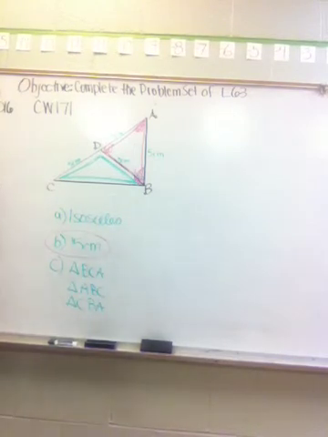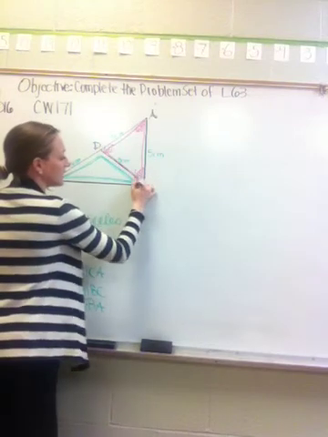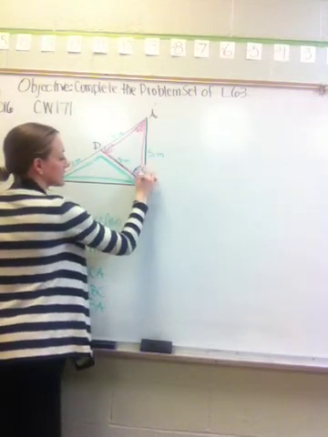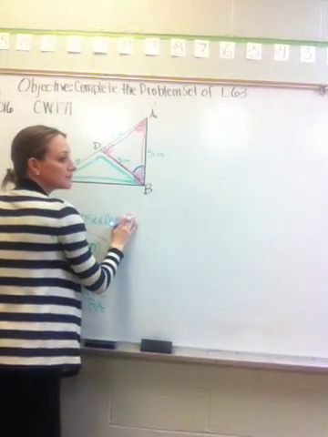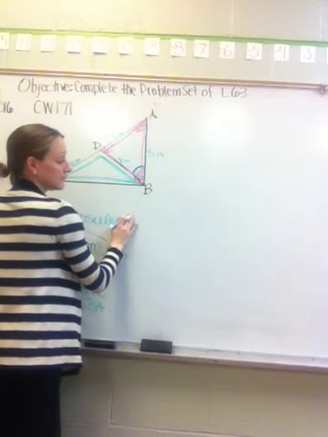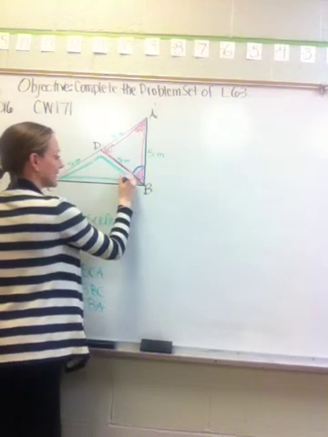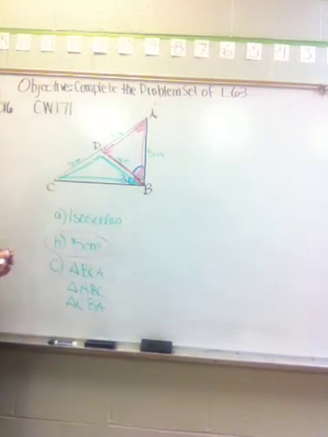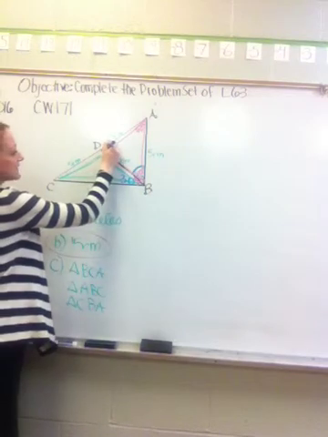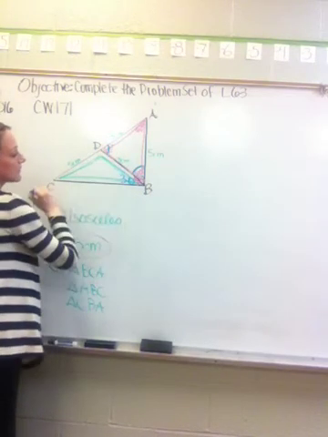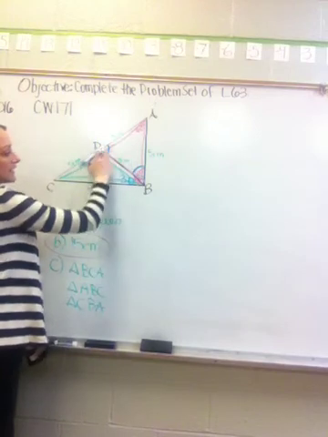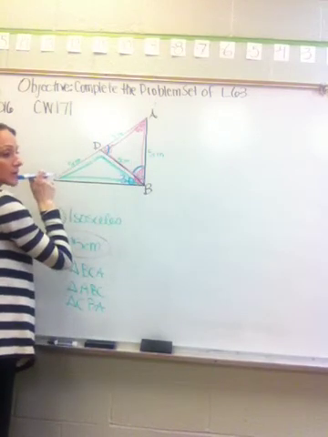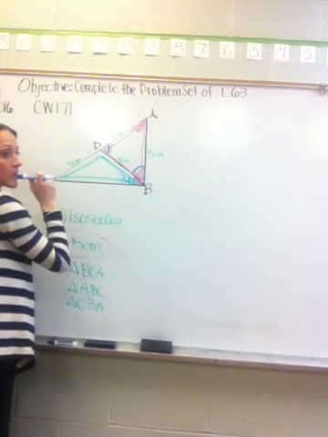If this whole angle is 90 and this part is 60, what's left over? 30. Does that make sense? If this angle is 60, how much does this whole line equal? 180.